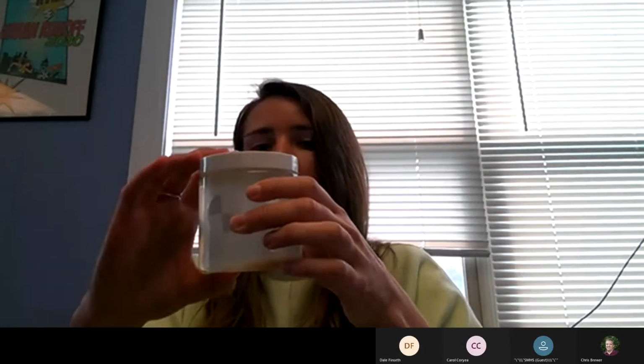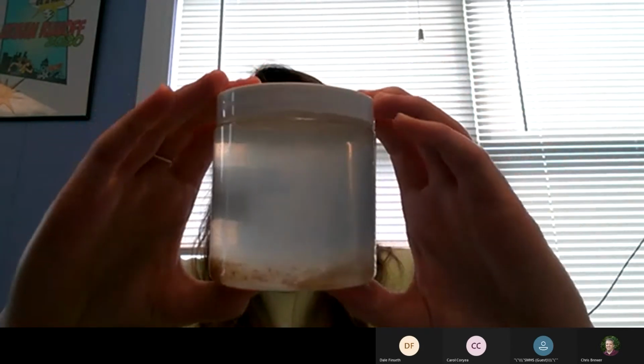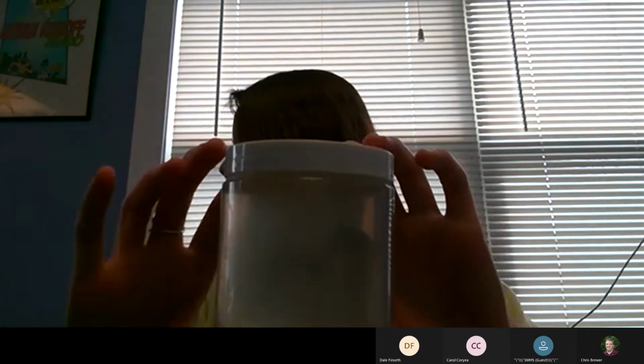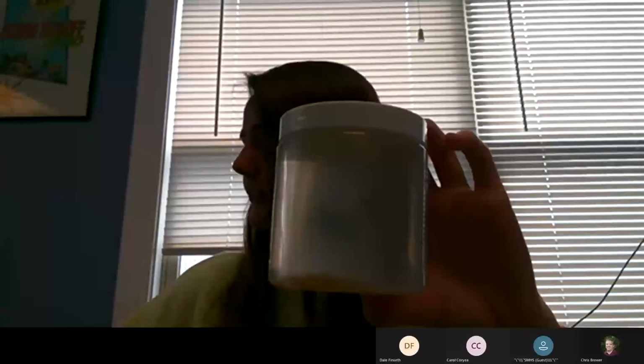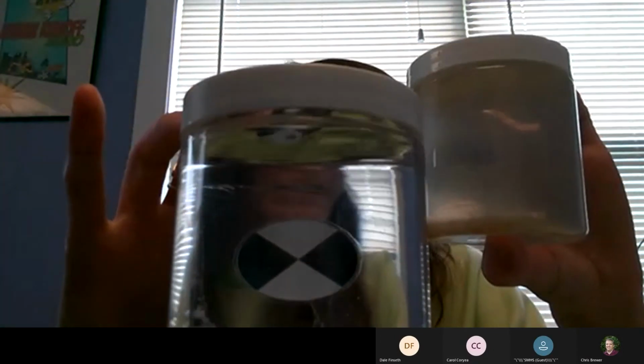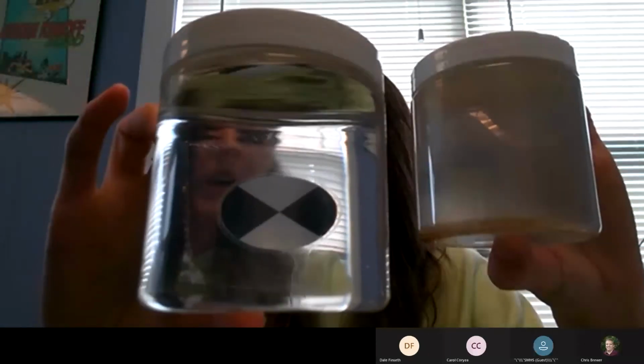So I have a couple of jars. This one shows what dog waste looks like in the water. At the back of this jar, you might be able to see that there's a Secchi disc back there. I'll show you the clear one so you can see what a Secchi disc looks like. That's what we use to measure the turbidity, or how clear the water is.